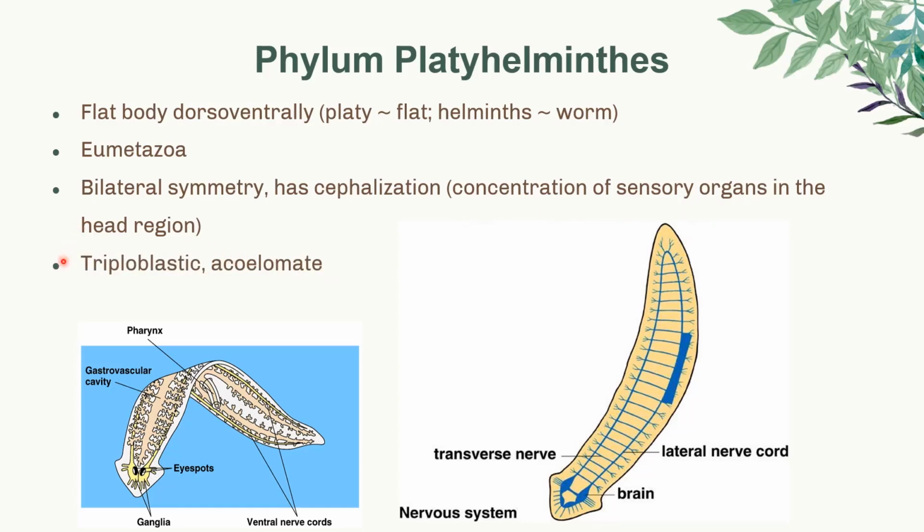It is a triploblastic germ layer and an acoelomate. In this diagram, you can see a ladder-like nervous system. This blue structure is basically the nervous system, the nerves of the Platyhelminthes, a very simple sensory nerve.